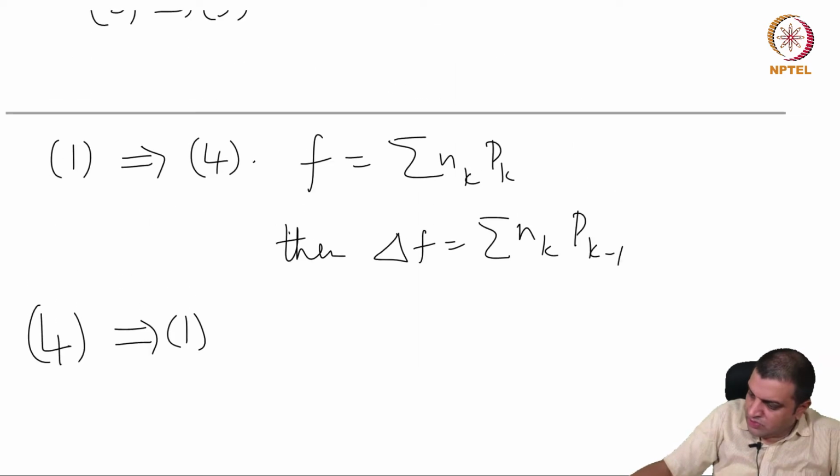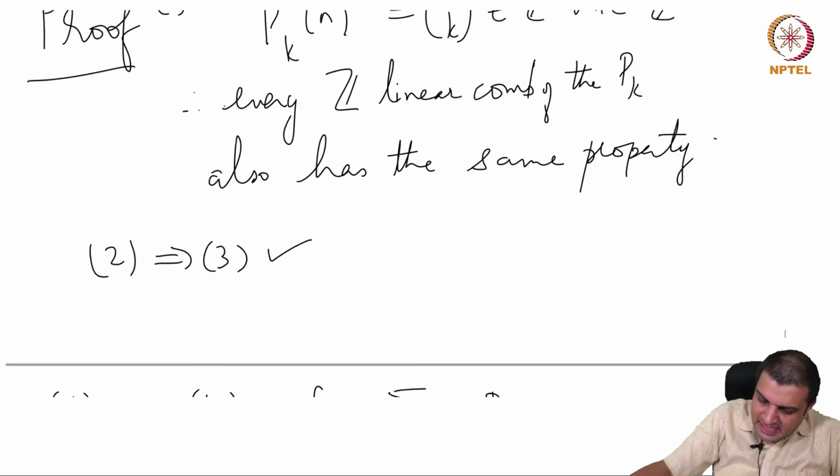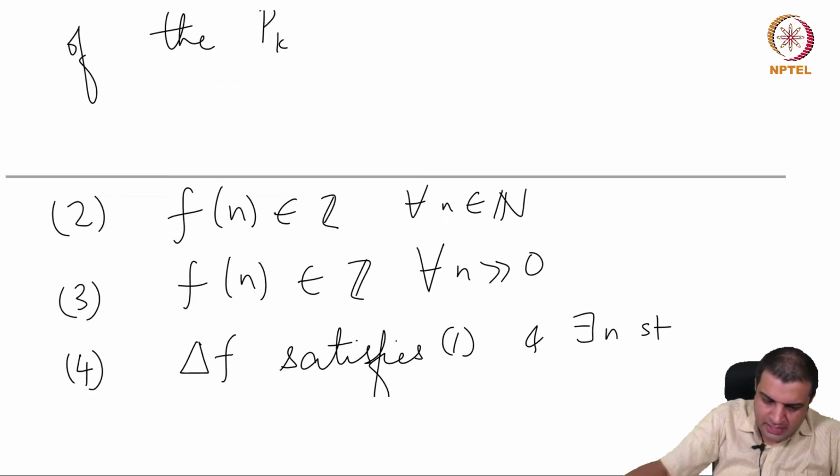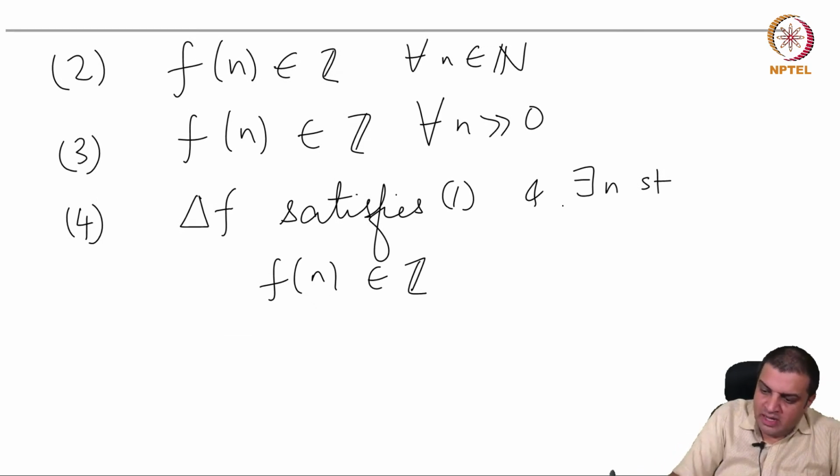Okay, so this is to say that if delta f satisfies 1, so let's go back. If delta f satisfies 1 and it has this property, then f itself satisfies 1.